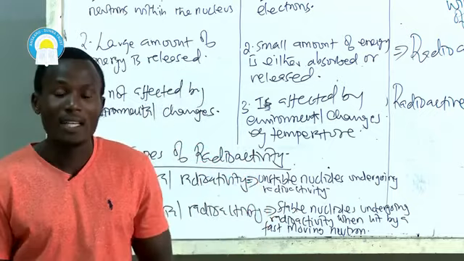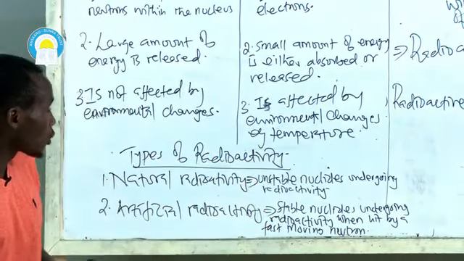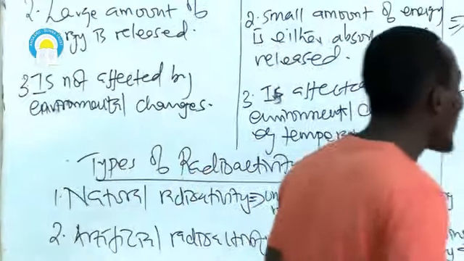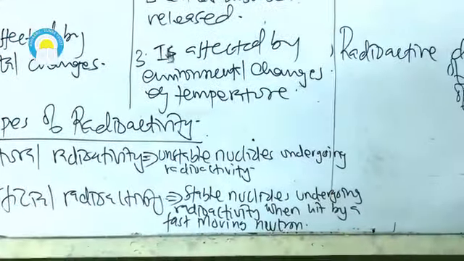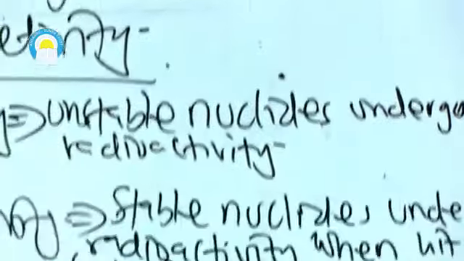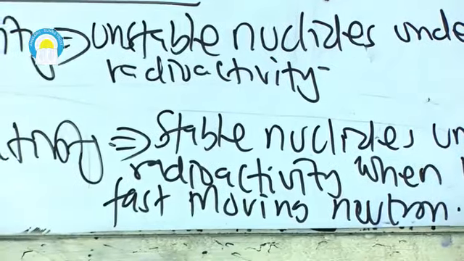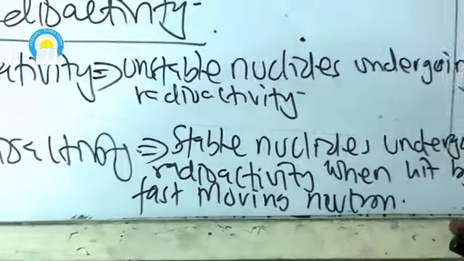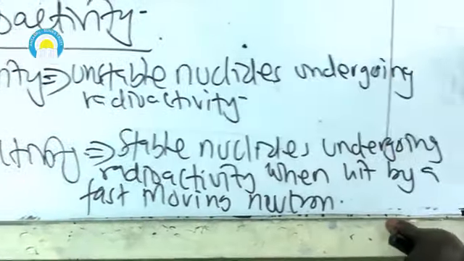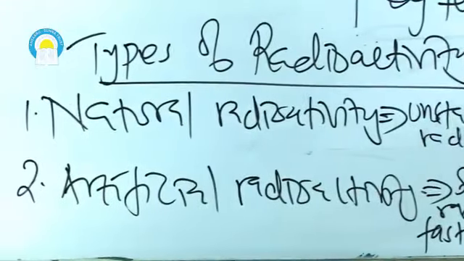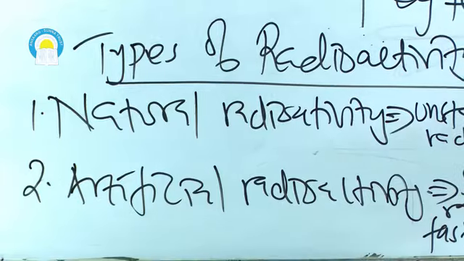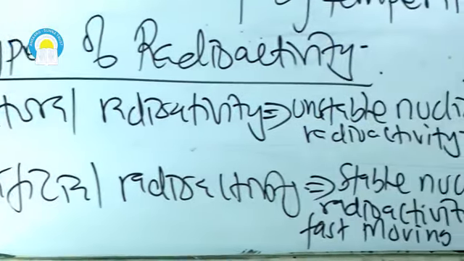Now, let's have a look at the types of particles that are being emitted during radioactivity. Under the types of particles emitted during radioactivity, there are three. One, we have alpha particle.